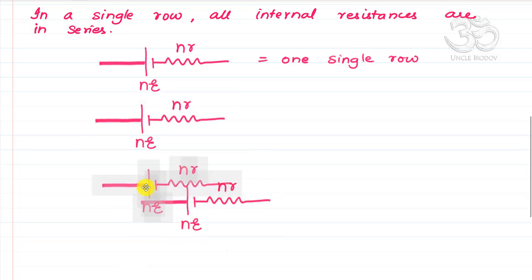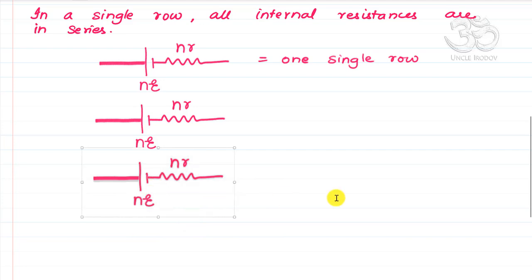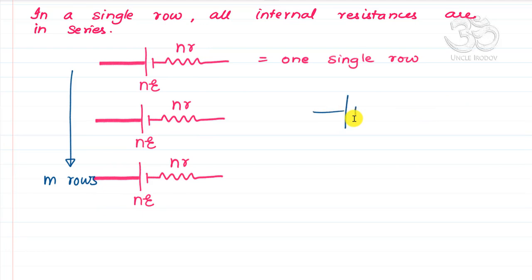So what we are going to do is, we are going to use that law that we know. There are m such rows, people. How do we proceed in such questions? We first figure out the net internal resistance of the net cell. So let's say I want to imagine that this m row system gives me a net EMF that is facing leftwards like this, E net, and that has got an internal resistance equal to R net.